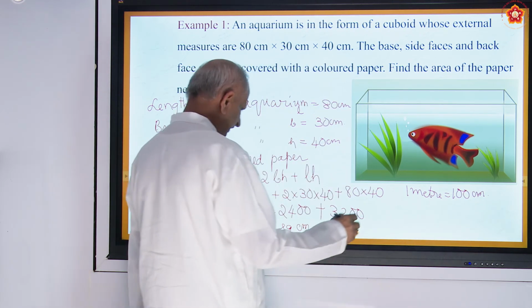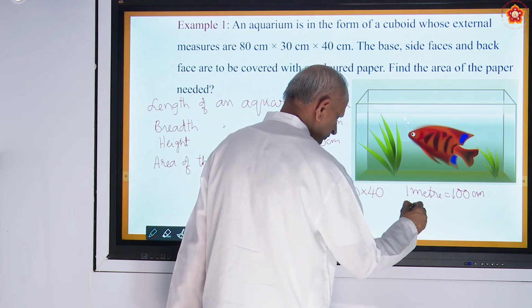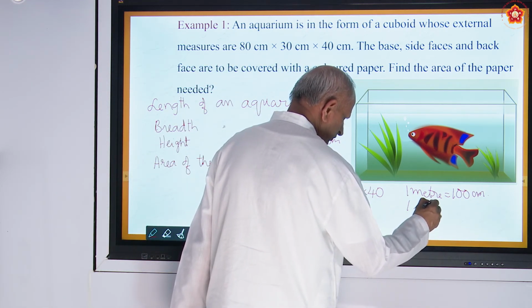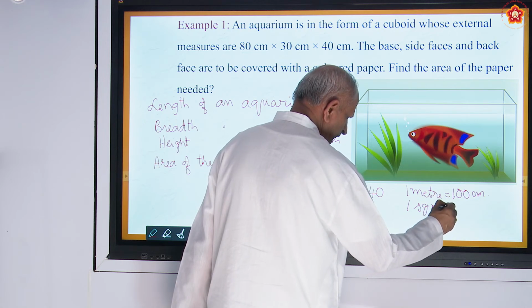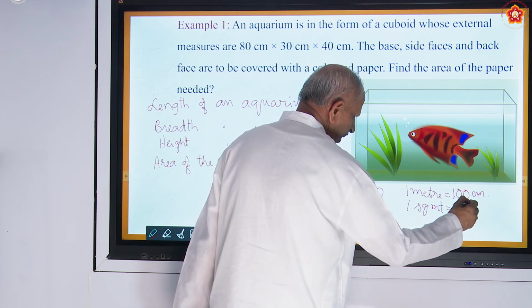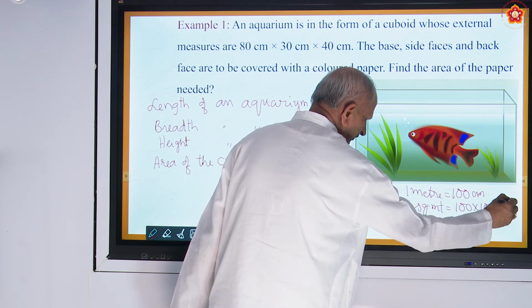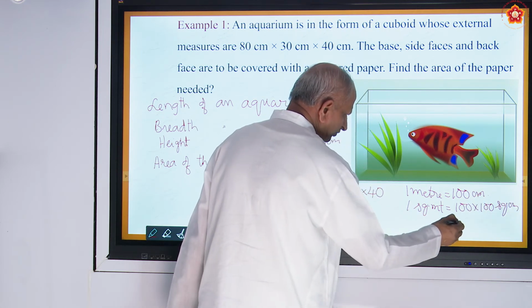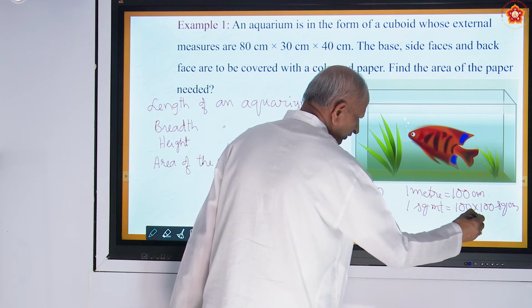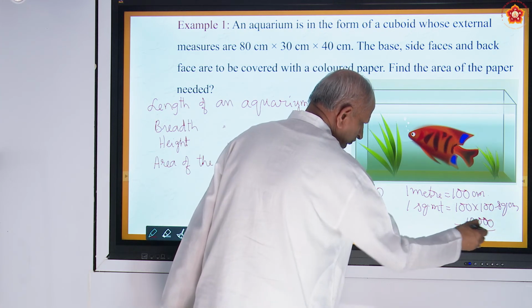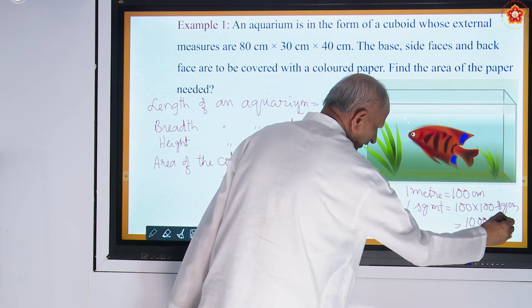So 1 square meter becomes 100 into 100 square centimeters. So that is 10,000.